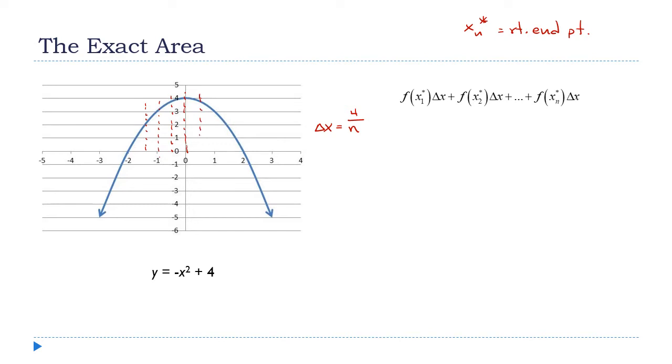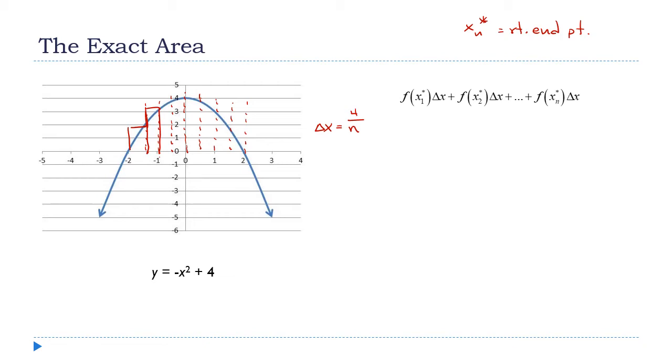It's going to look like this. I want you to think about what the x values of these dashes are, because those are going to be the right endpoints of my rectangles.